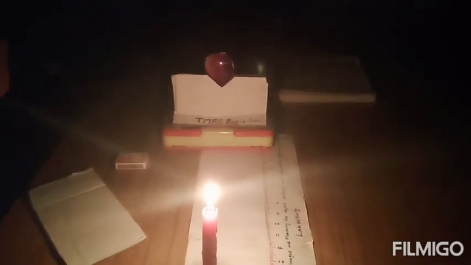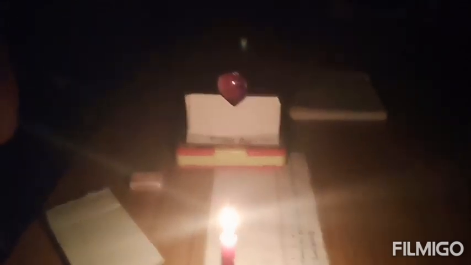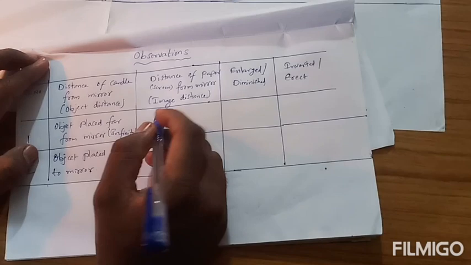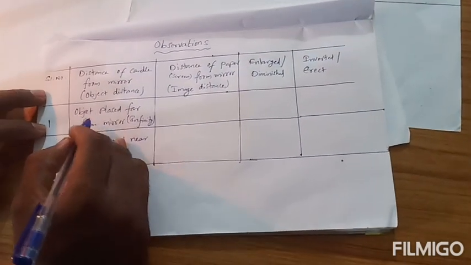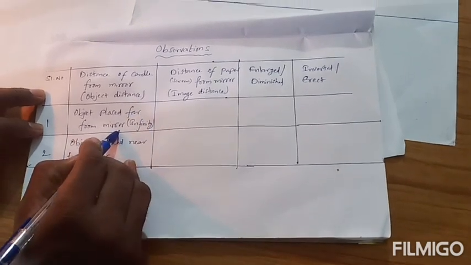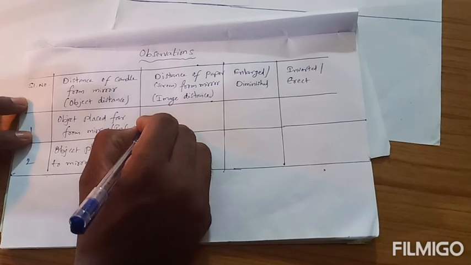So now I want to switch on the lights to write our observations in the notebook. Now I am writing our observations in the notebook. In the first case, the object is placed far from the mirror, means it is at infinity. The image is formed behind the mirror.